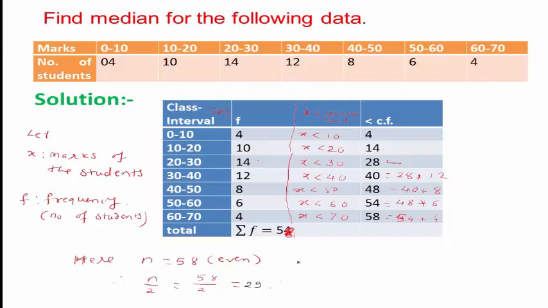See here, tell me the median class in which the median lies. That is, we have to find the class for which the less than cumulative frequency is just more than 29.